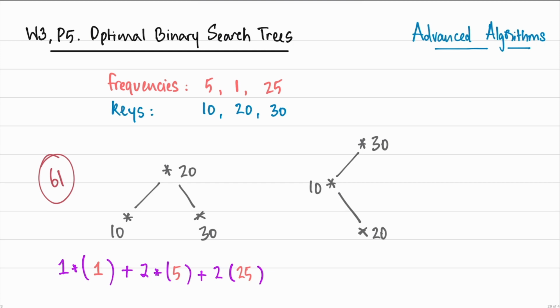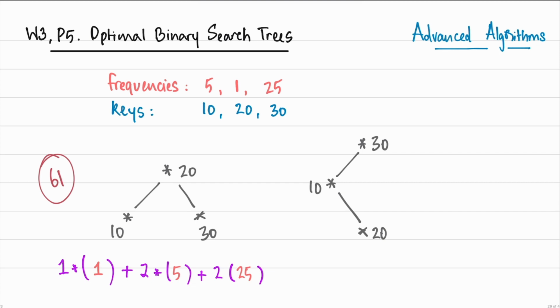Now, of course, we are using a greedy approach here, which is not going to be our final algorithm, but for this small example, it sort of makes sense to pursue our instincts a little bit, just with the goal of getting a tree that looks better than the one that we've just built out, which has a cost of 61. All right, so what's the total cost going to be here?